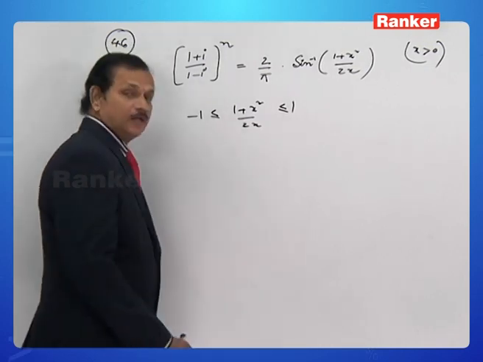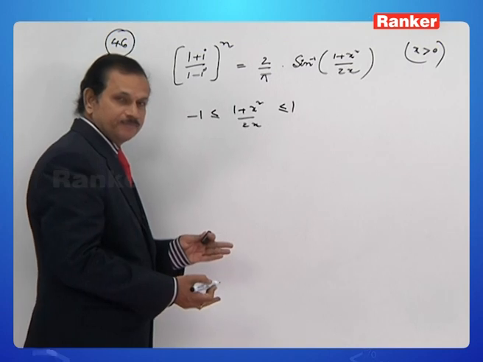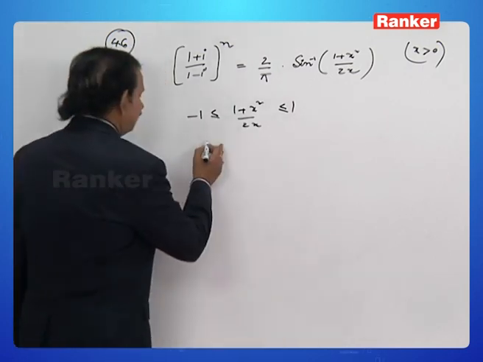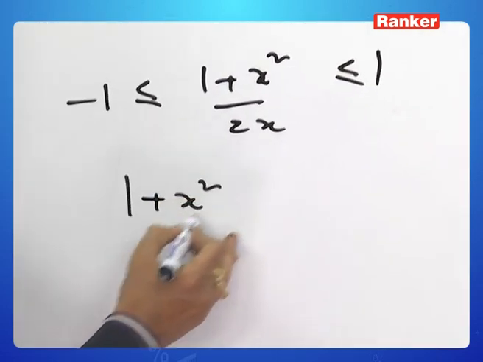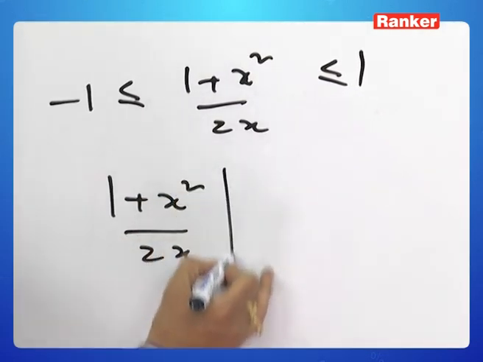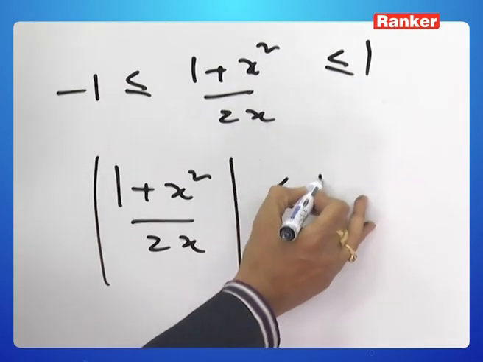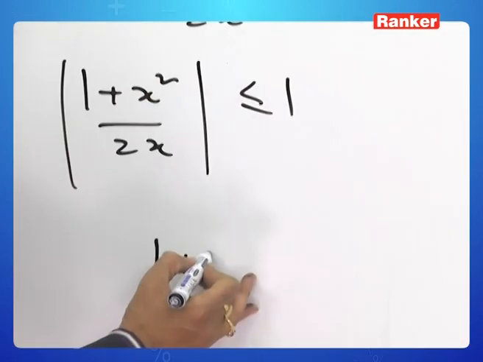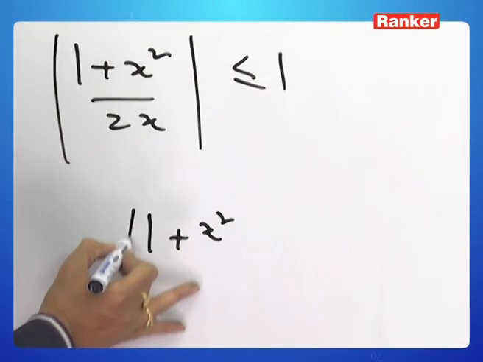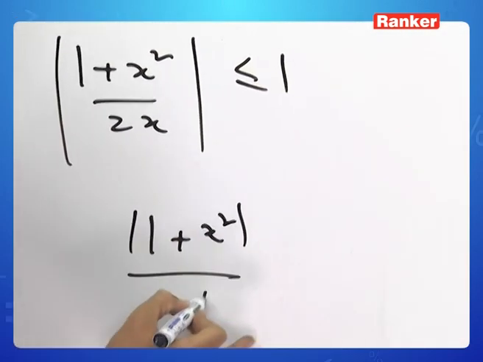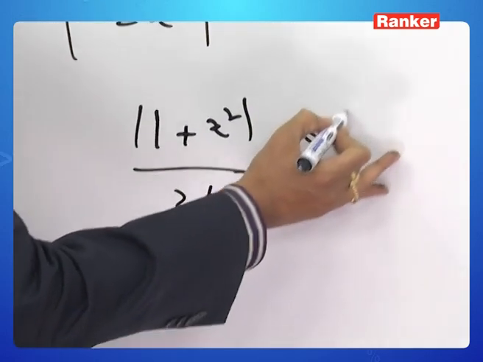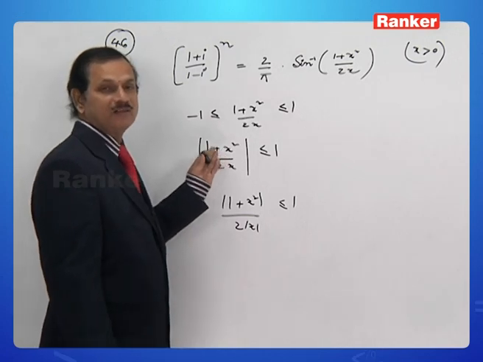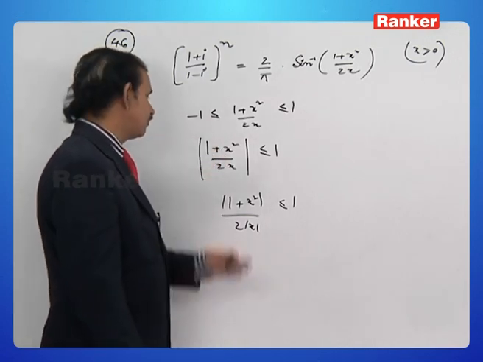Well, you look at this step. From this step, what can you say directly? The modulus of (1 plus x square by 2x) is less than or equal to 1. That is, (1 plus x square) by 2 mod x less than or equal to 1. I have distributed this absolute value symbol, that is modulus symbol, to both numerator and denominator.